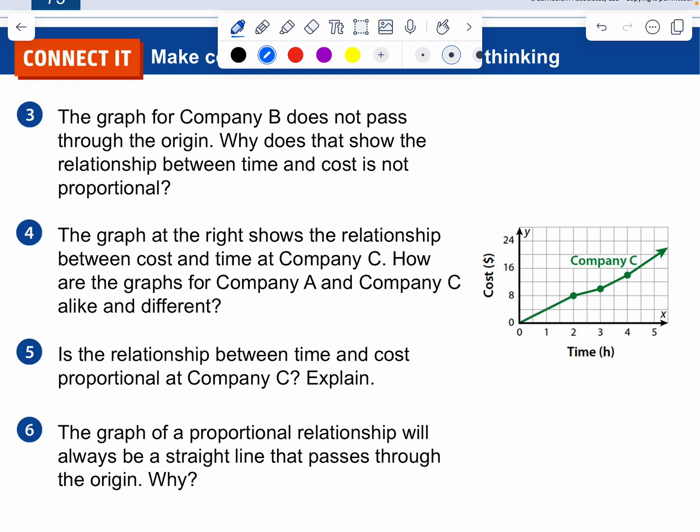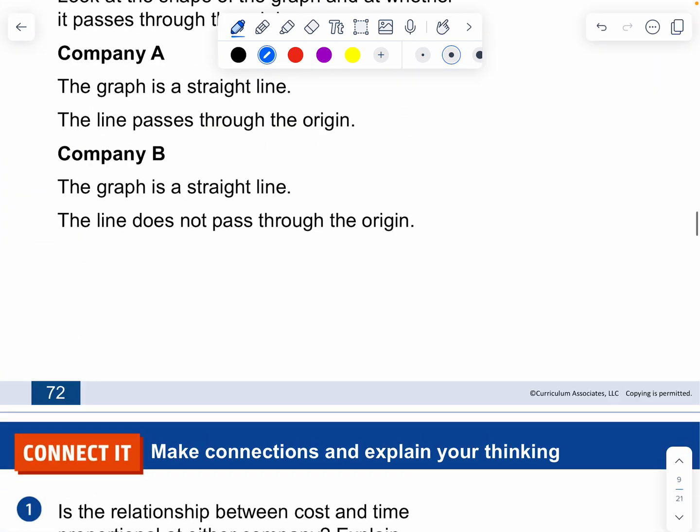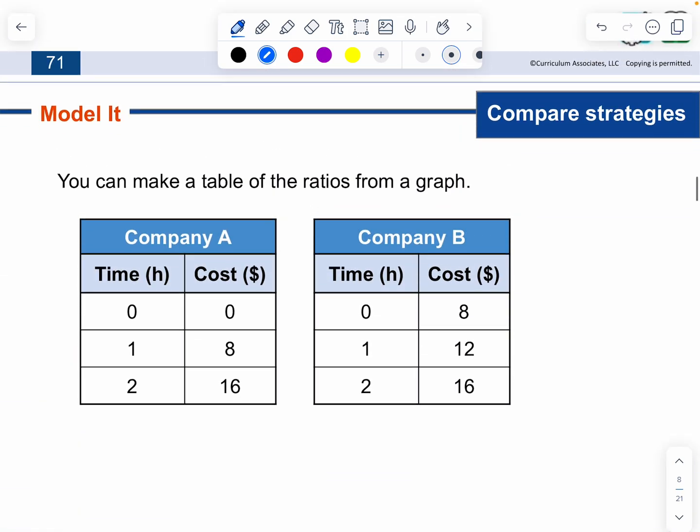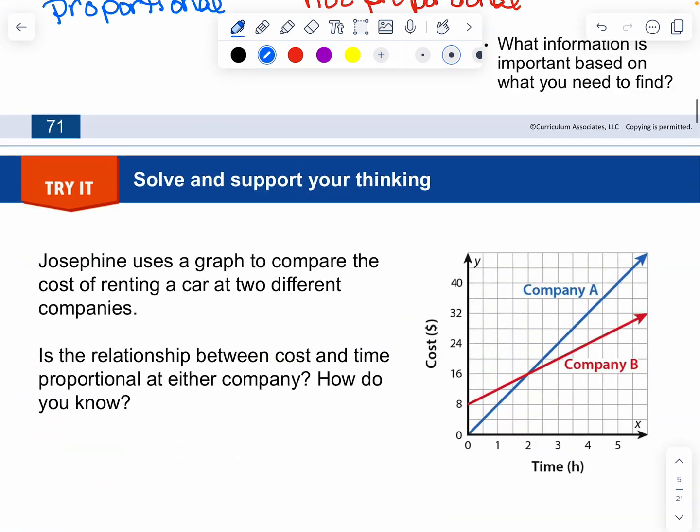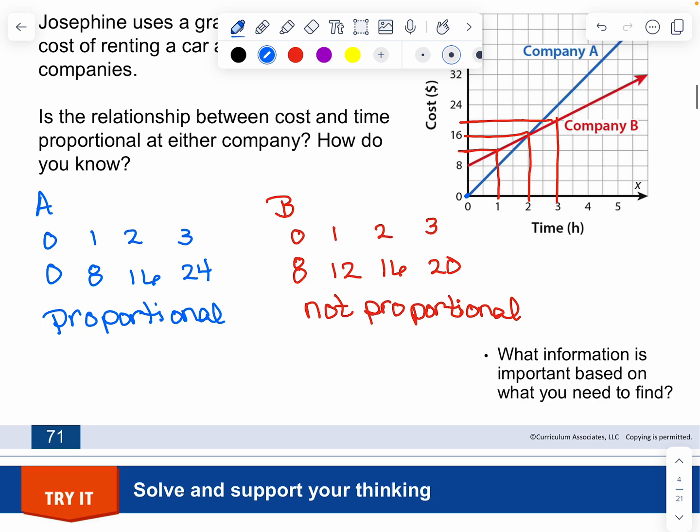Why does that show the relationship between time and cost is not proportional? If we go back to our table, in Company A, 0 times 8 gave us 0, 1 times 8, 8, 2 times 8, 16, 3 times 8, 24.